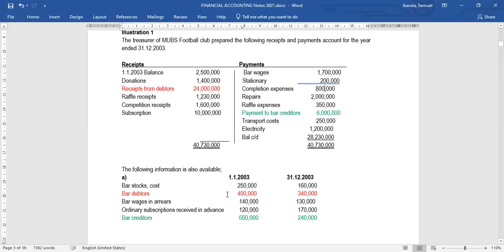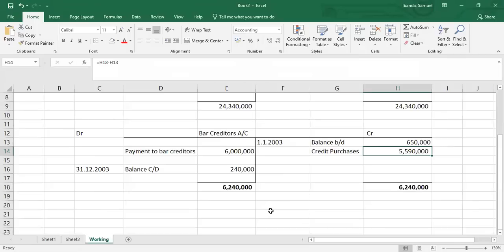So that would mean that I'm going to draw up a bar wages account. You're going to see how it will look. If you've understood the way we've done the creditors and debtors account, then it should come very easily for you, okay? So I'll draw up my bar wages account.